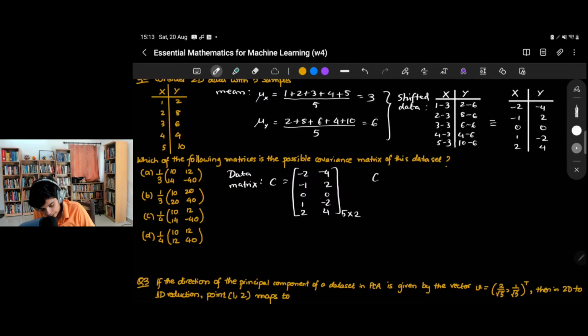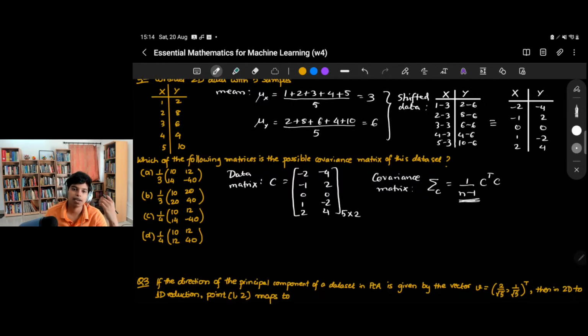And the covariance matrix is given as follows for this data matrix. So some people write 1 over n, some people write 1 over n minus 1. Technically speaking, 1 over n minus 1 is more correct than 1 over n. So ideally, this one is more precise, so to say. You can use 1 over n.